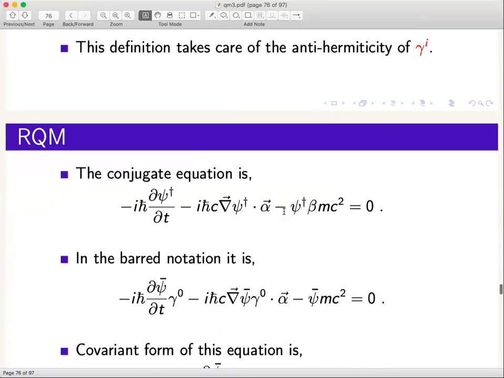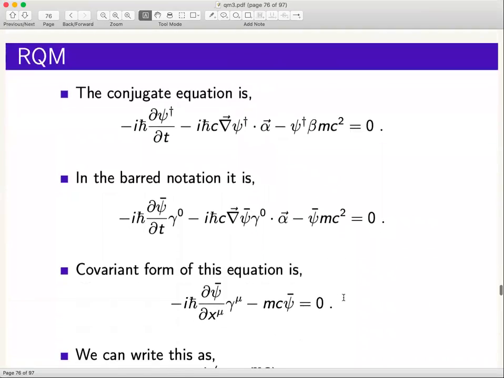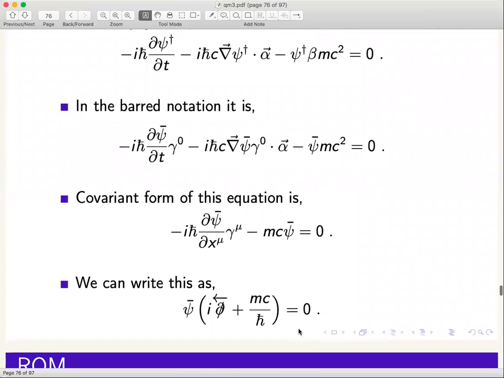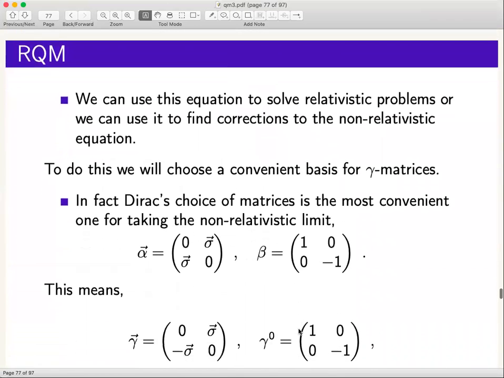And you can write down a conjugate equation for ψ dagger by just taking the Hermitian conjugate of the non-covariant equation and then multiplying by β squared. That means identity, but write that as β squared everywhere, and you can convert that equation into an equation of this form, which can be written in a covariant form like this. Okay, this is all something we had done last time.